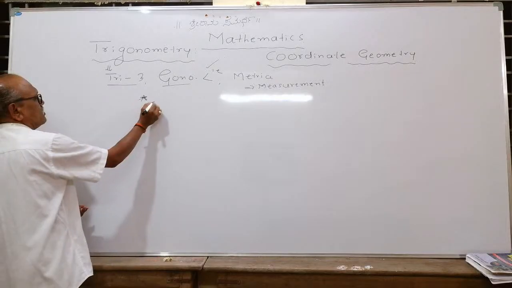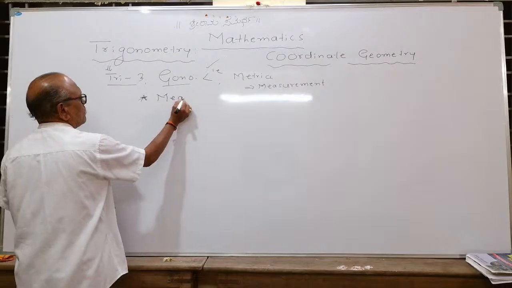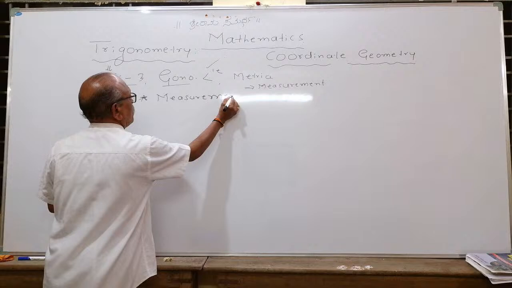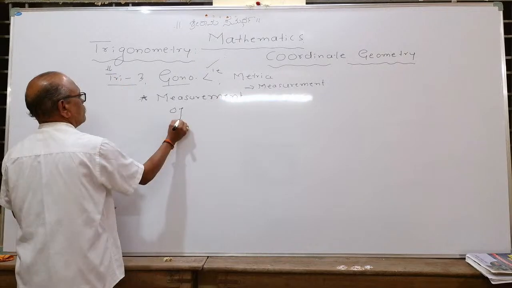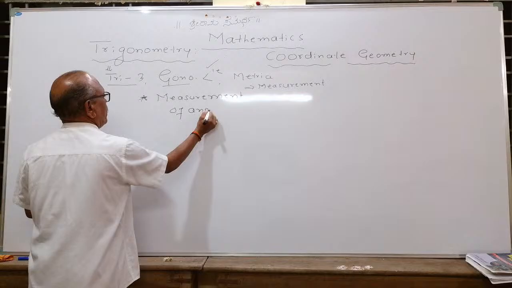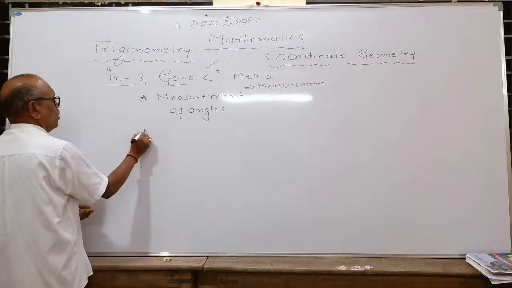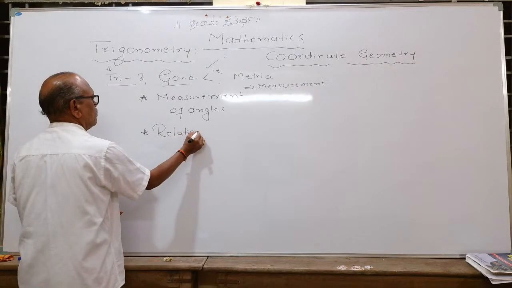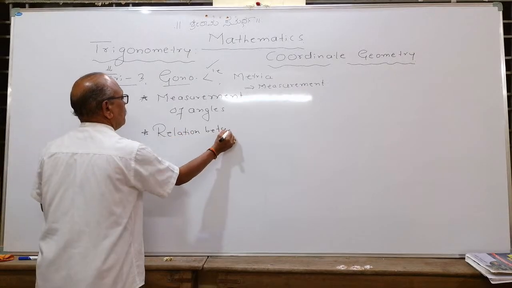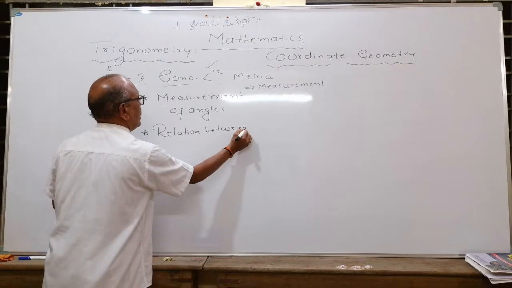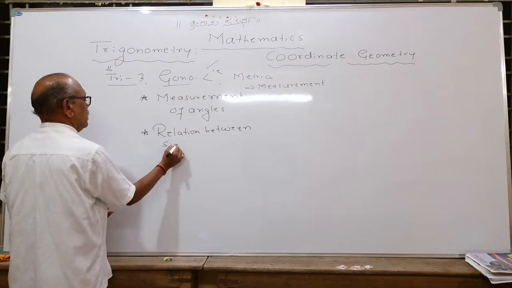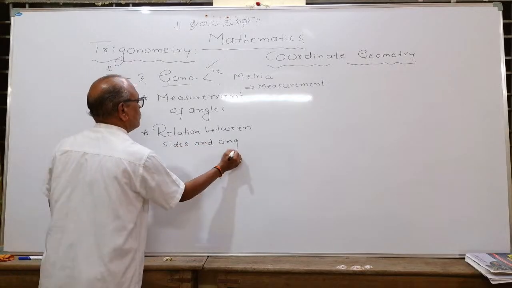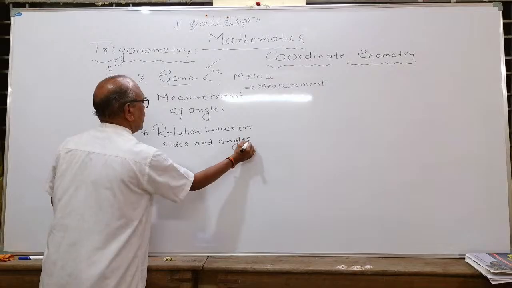One is measurement of angles, and also relation between sides and angles of a triangle.